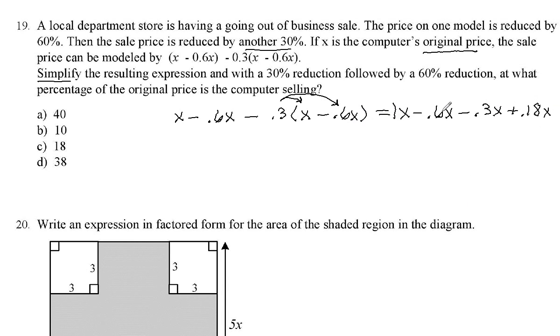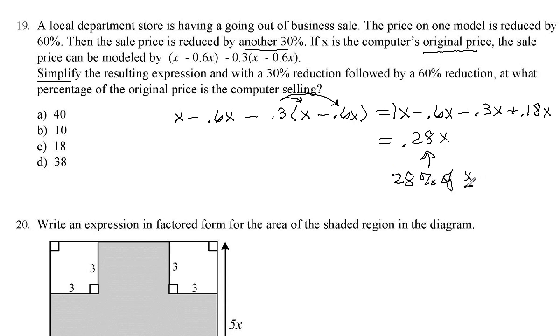So now we've got a whole bunch of like terms here, so we just combine the coefficients. So 1 minus 0.6 is, I'm sorry, 0.4, and then 0.4 minus 0.3 is 0.1, and then plus 0.18 would be 0.28. So this actually simplifies to 0.28x. So 0.28x is 28% of x.